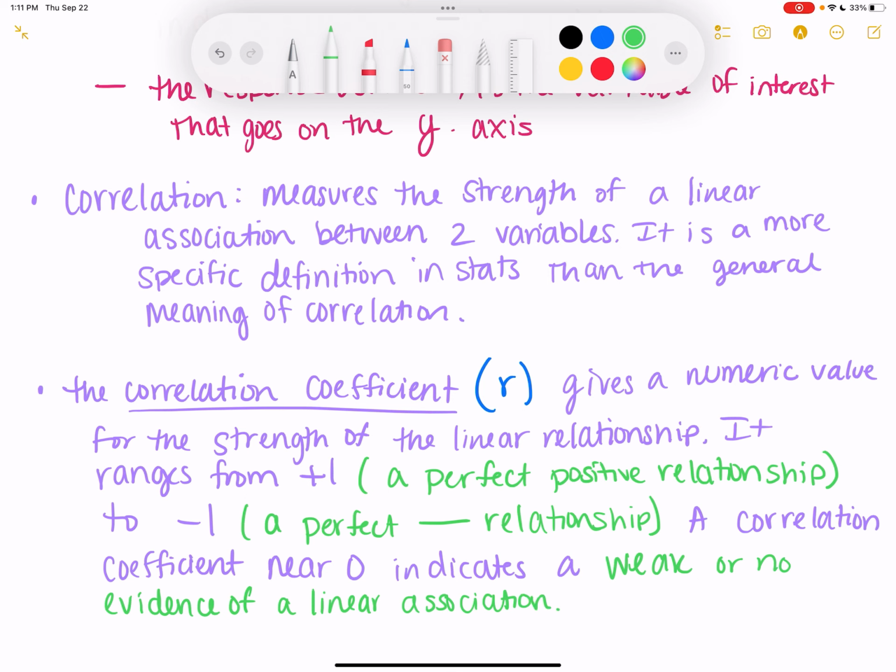So basically, the closer it is to 0, either positive or negative, the weaker it is. The closer it is to 1, either positive or negative, the stronger it is.